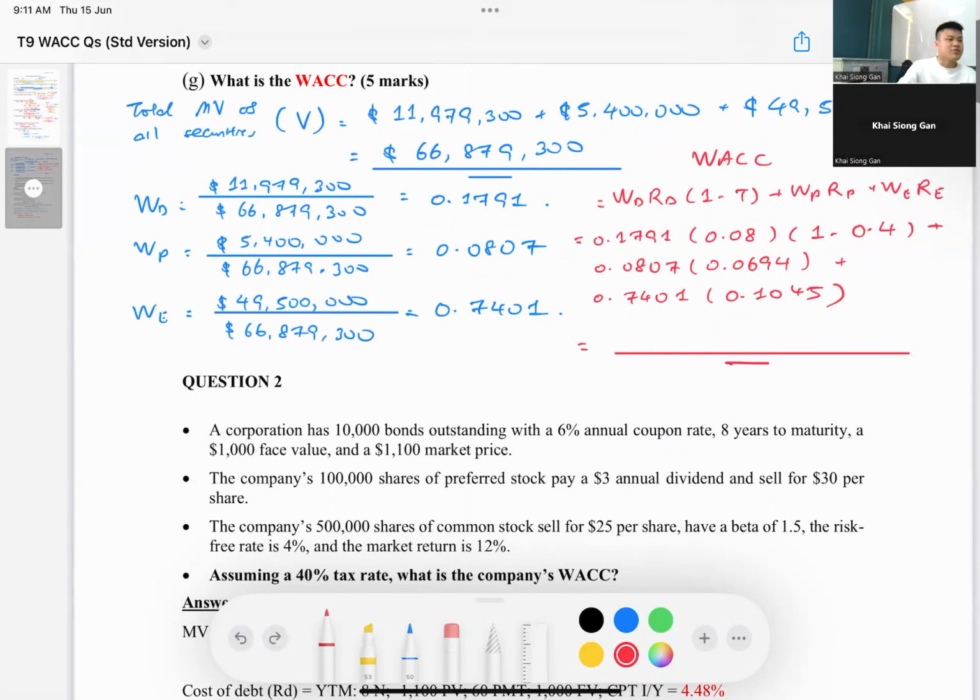I want to calculate and see if it's a normal calculator. Okay, I'll use the calculator.